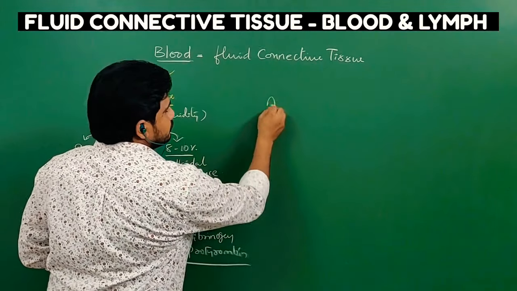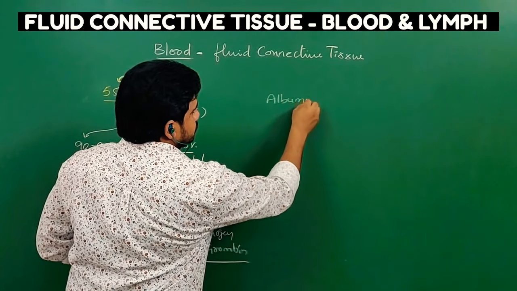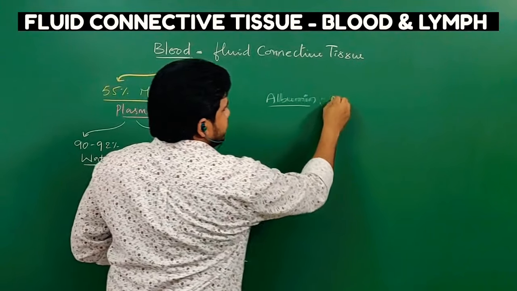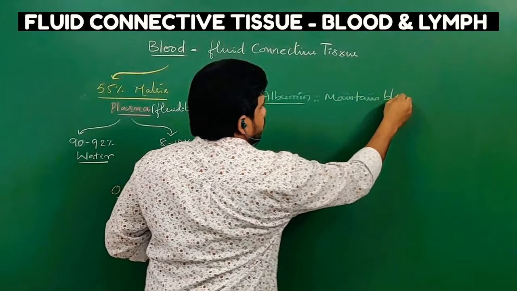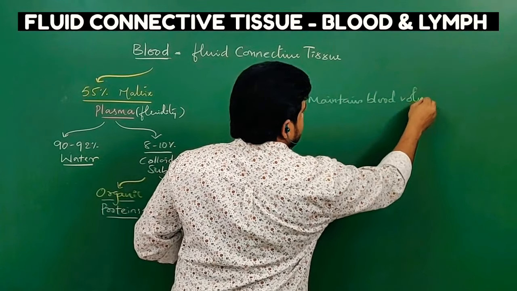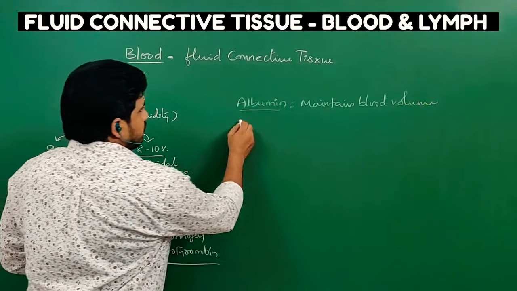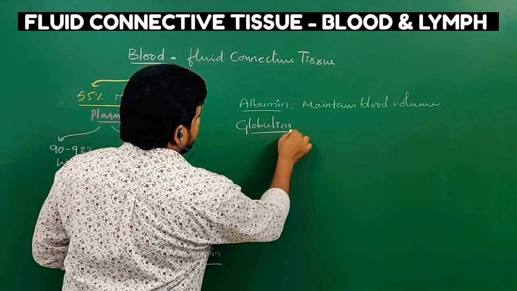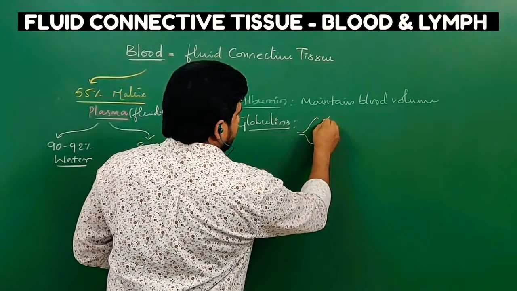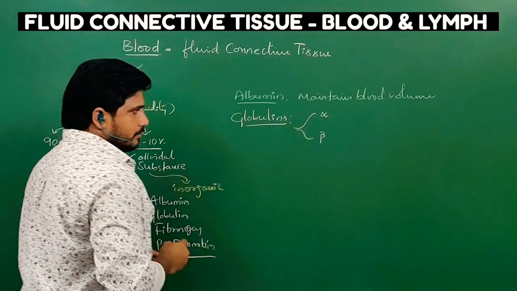Albumin maintains blood volume. Next, globulins are two types, alpha and beta type.